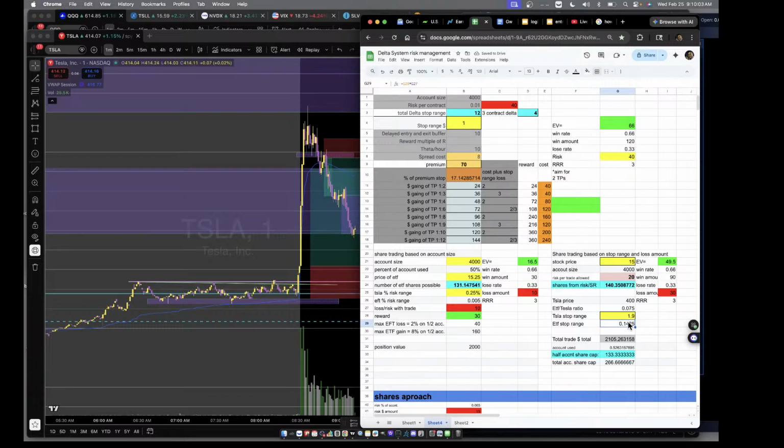Almost. We're almost there. 1.9. 2. There you go. Okay. So when the stop range is 2, that's when it matches. That's when I'll lose $20. Okay. Stop range is 3. I won't lose more than $20. The most I'll lose is 20 times.